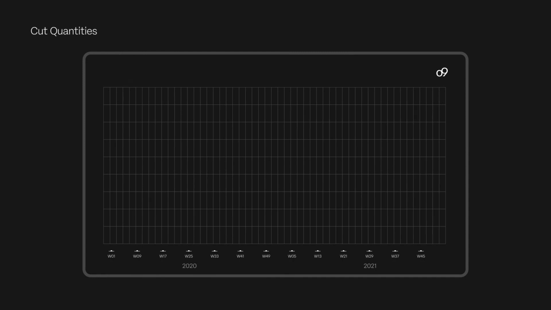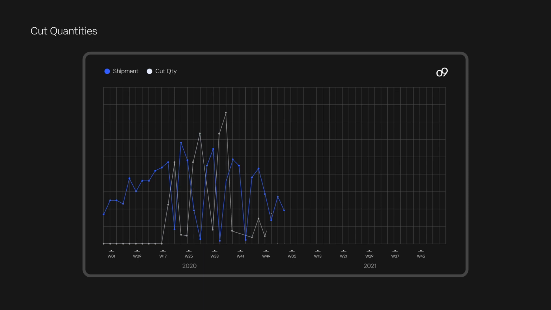Now let us consider the impact of short shipments or cut quantities. This example shows shipment history with a crazy volatility. If we load the cut quantity data, you can clearly see the missed shipments that were due to supply challenges. Simply adding the cut quantity to shipments will overinflate the demand because customers reorder the same quantity if the original order is not met.